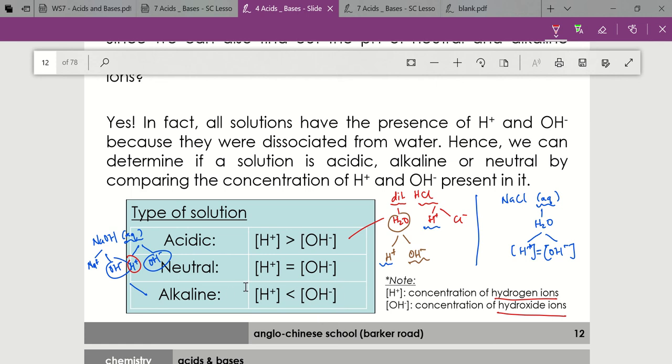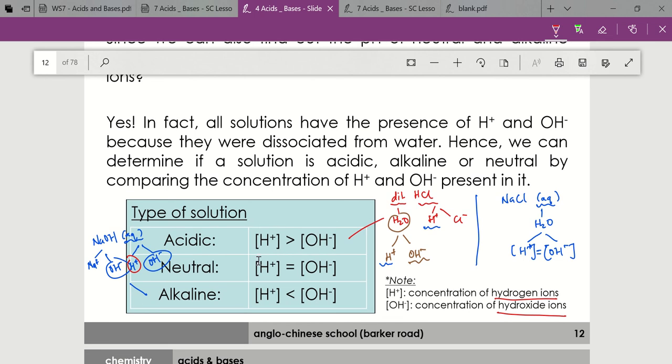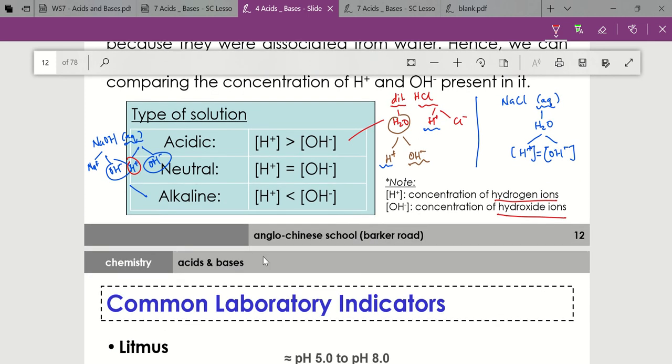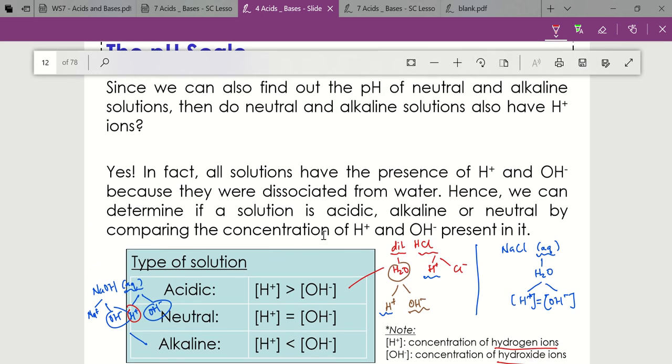More hydroxide ions than hydrogen ions. Okay, so this table over here is useful for you to quickly determine if a substance is acidic, neutral or alkaline based on how much hydrogen ions and hydroxide ions are present in it. Okay, so that is the relationship to the pH scale.